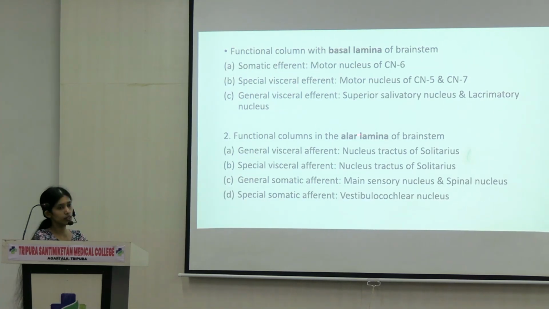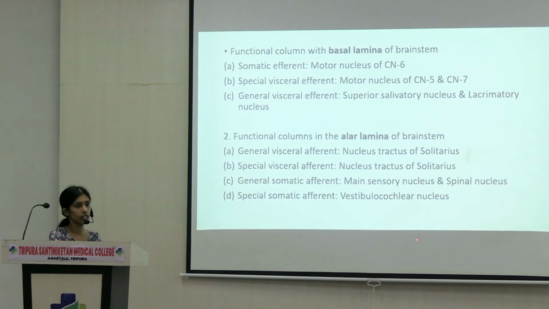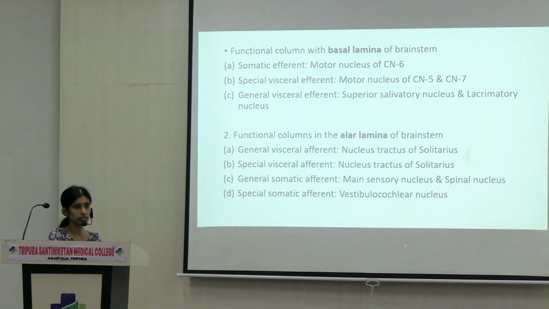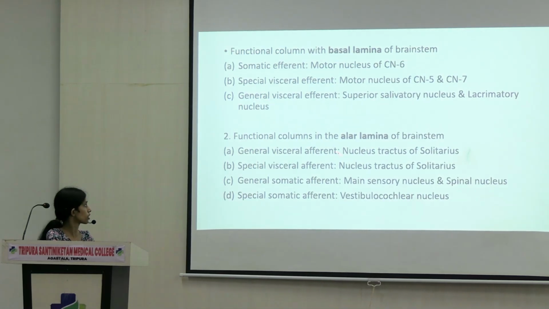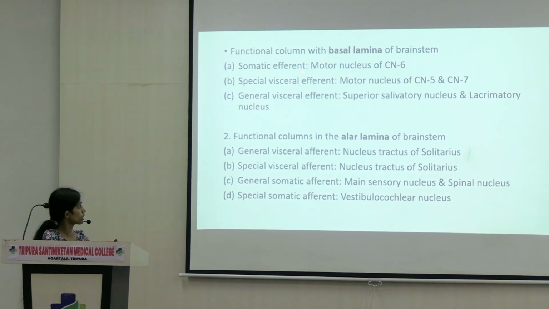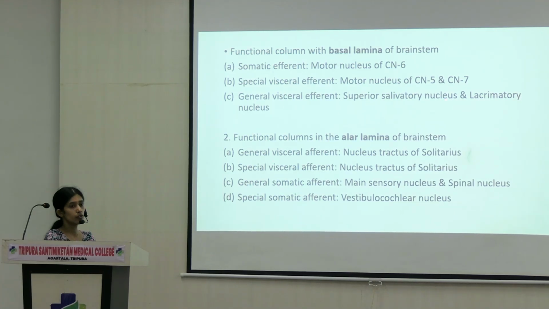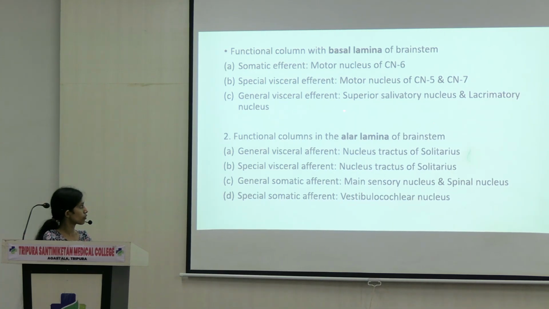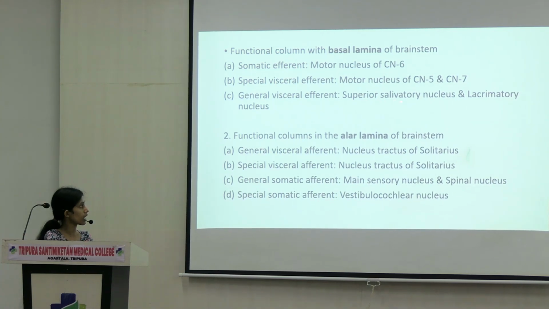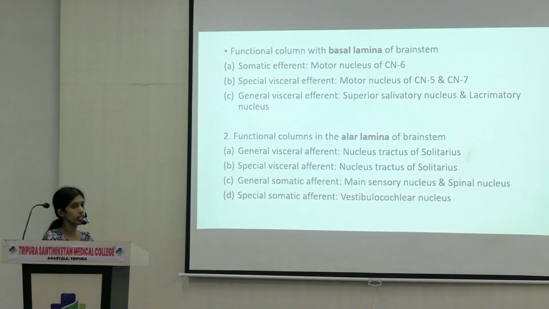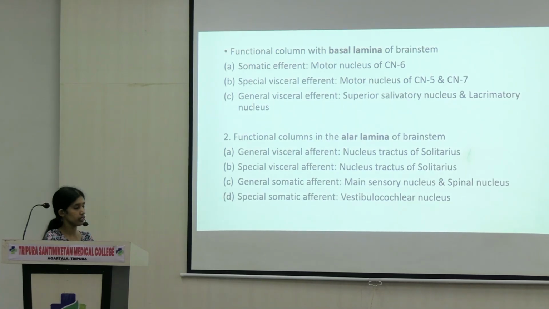So these are the columns and particular cranial nerve nuclei we can see in the pons region. In the somatic efferent region we can see the motor nucleus of your 6th cranial nerve. In the special visceral efferent columns we can see the motor nucleus of your 5th and 7th cranial nerves. In the general visceral efferent we can see the superior salivatory nucleus and also the lacrimatory nucleus.